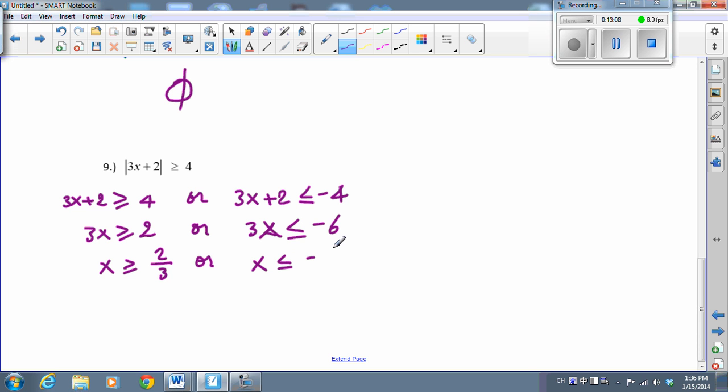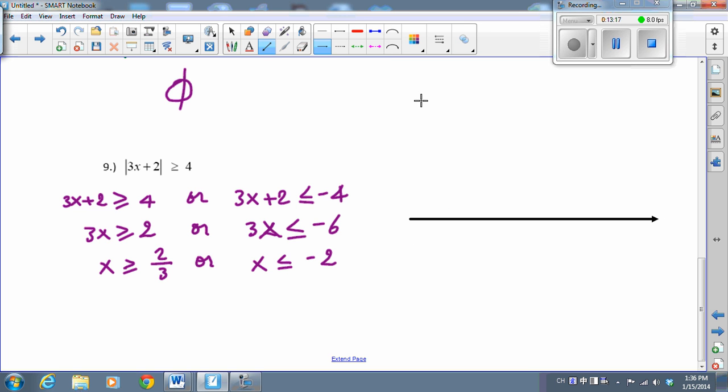If you're not 100% sure about how your solution will look like, always use a line. So I will go ahead and use a line. I start with negative 2, and it's a close point. And I have a point 2/3, which is also a close point. Of course, it goes till infinity, and it starts at negative infinity.